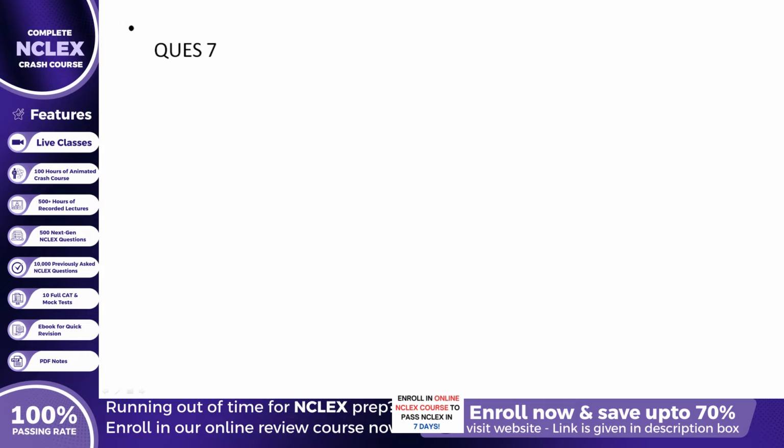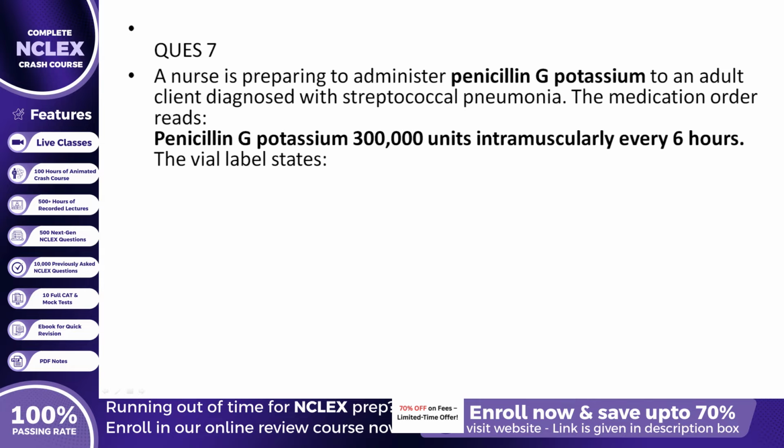Let us dive into this next advanced level NCLEX-style question that sharpens both your dosage calculation and clinical reasoning skills. A nurse is preparing to administer penicillin G potassium to an adult client diagnosed with streptococcal pneumonia. The prescription reads, penicillin G potassium 300,000 units intramuscularly every 6 hours.